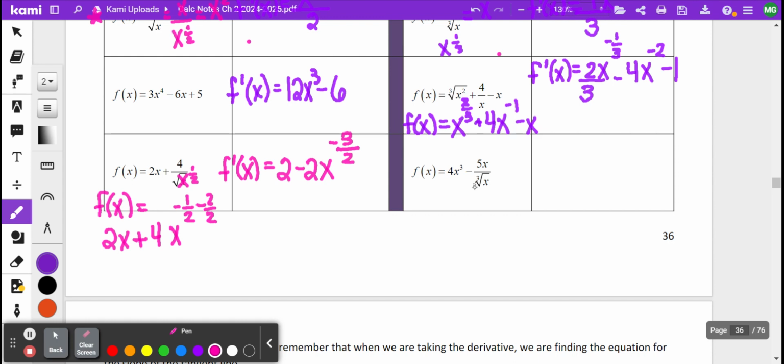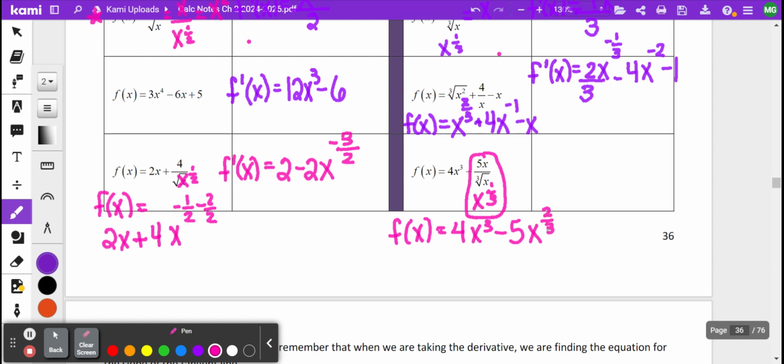Okay, for the next one, I would definitely think of this as x to the 1/3, and then I would look to clean this up. So I would do a rewrite that would say 4x cubed minus 5. So x to the first minus 1/3 gives us x to the 2/3 in our numerator.